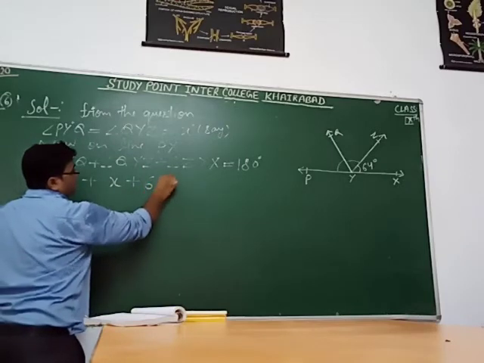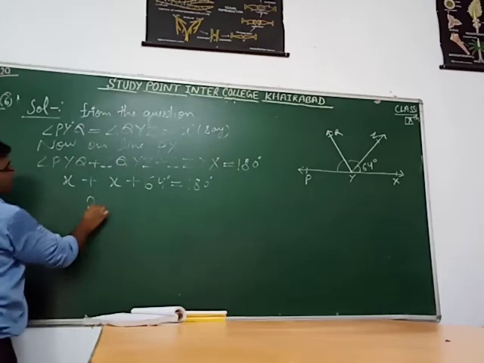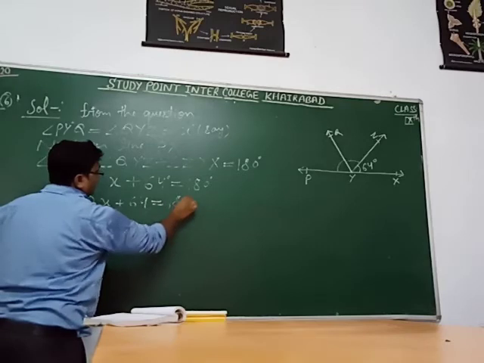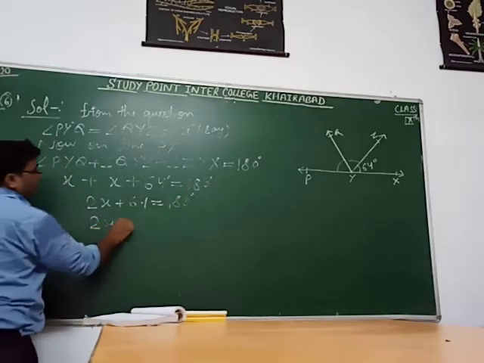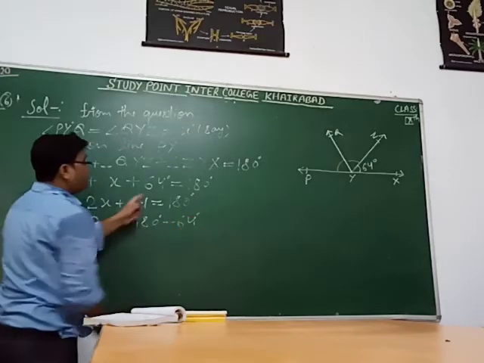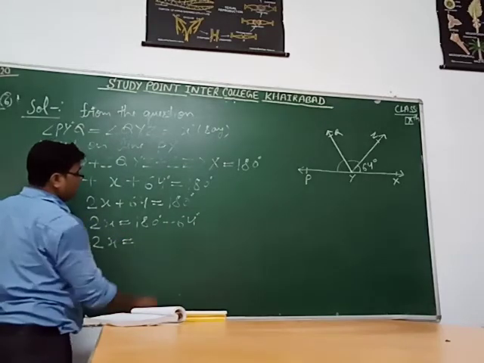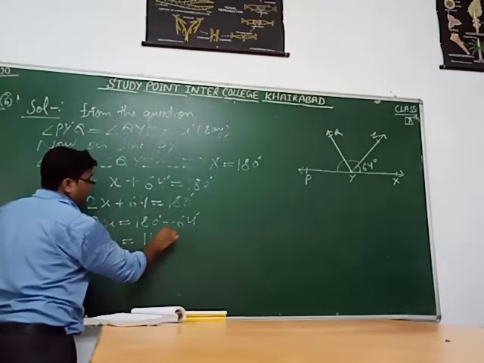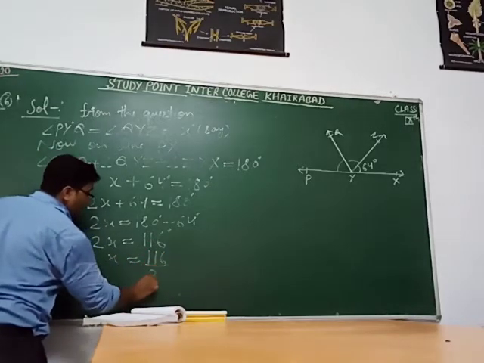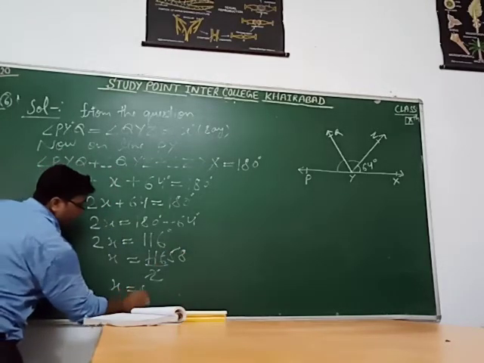So 2x plus 64 equals 180 degrees. 2x equals 180 minus 64, it will go to that side so it will be minus. 2x equals 116, so x equals 116 upon 2, 58. x equals 58 degrees.